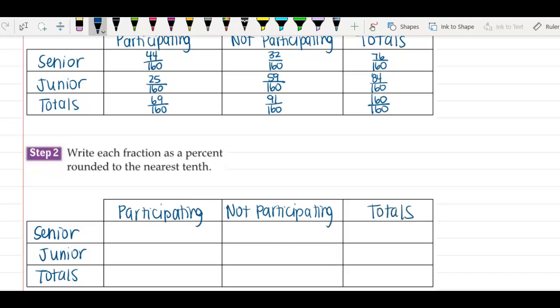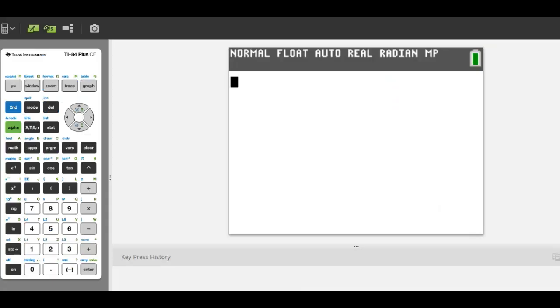Since we already have them as fractions, we can just put this in our calculator to find the actual percentages. The first one, senior participating, is 44 over 160.